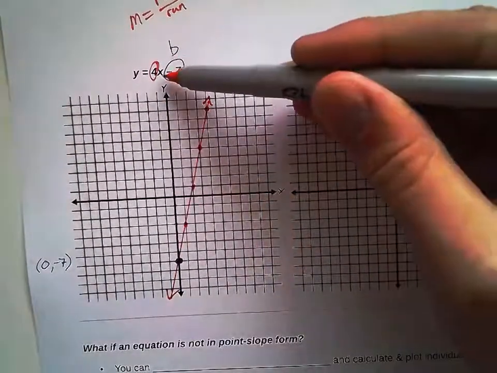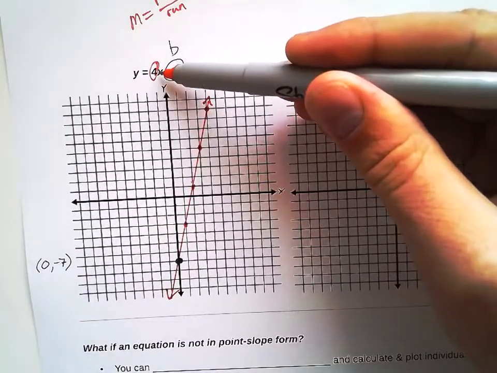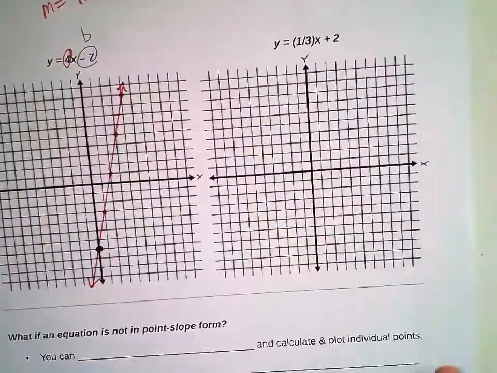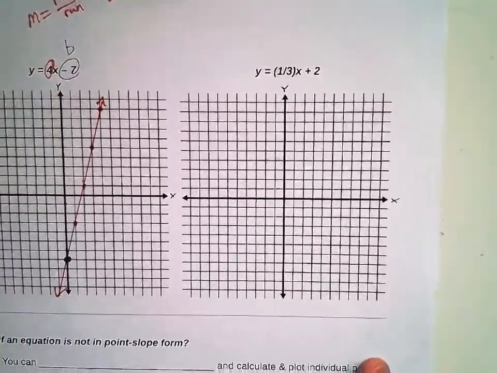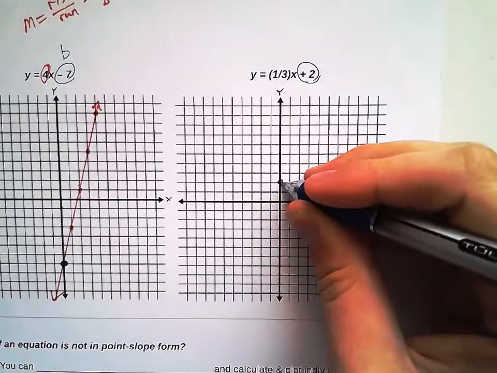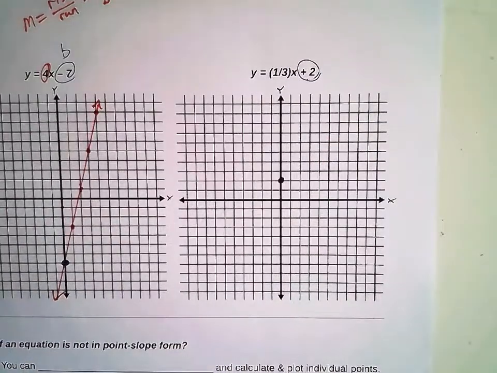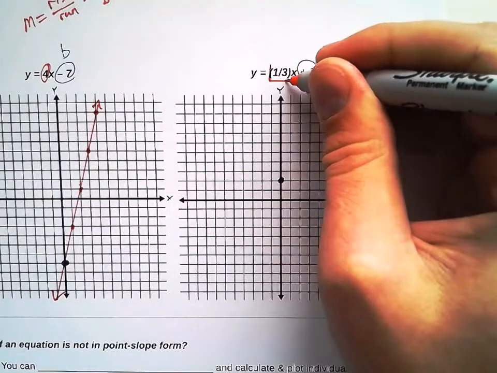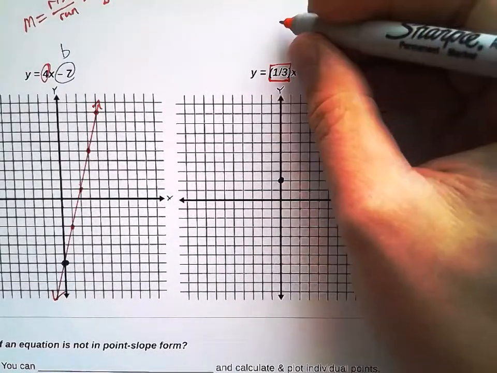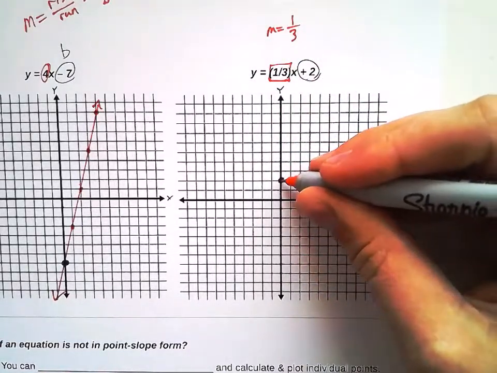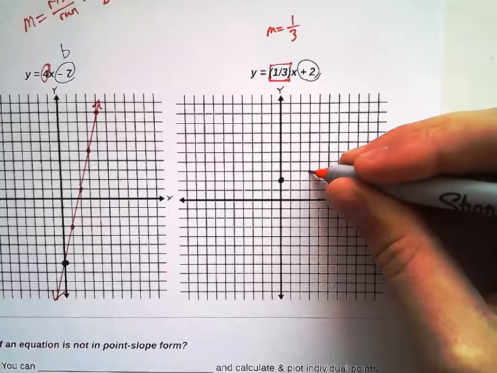And if you try plugging exact numbers for x in here to check the points, you will get the same thing. Okay, this one, b is 2, so we'll go through right there. And m is 1/3. So what we're going to do is go up 1 over 3.